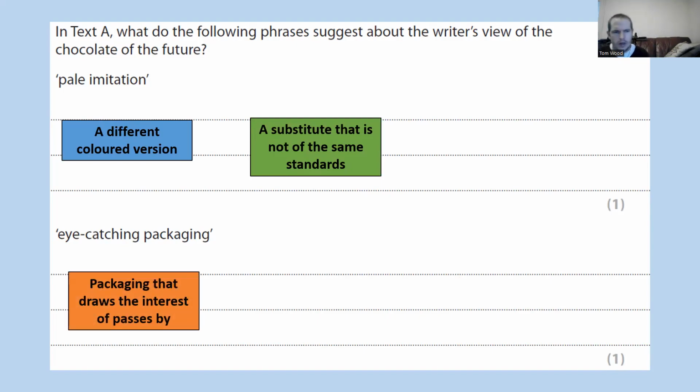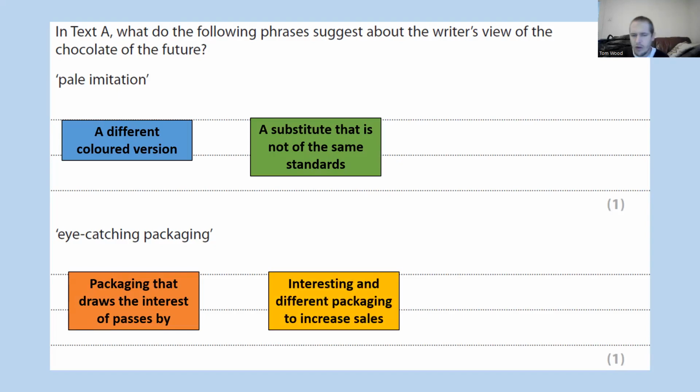Eye-catching packaging, so packaging that draws the interest of passers-by, or interesting and different packaging to increase sales. But again, when it says there about what does this mean in regards to the writer's views of the chocolate of the future, then obviously you could say eye-catching packaging.